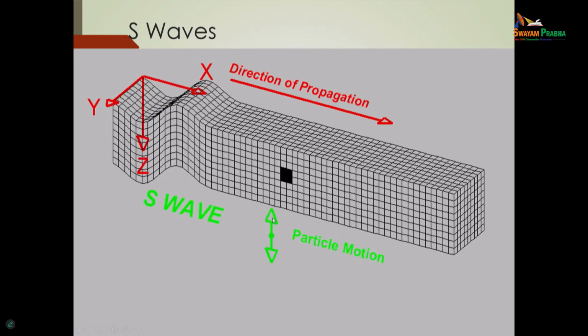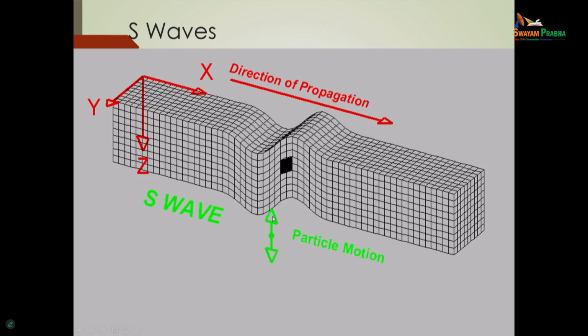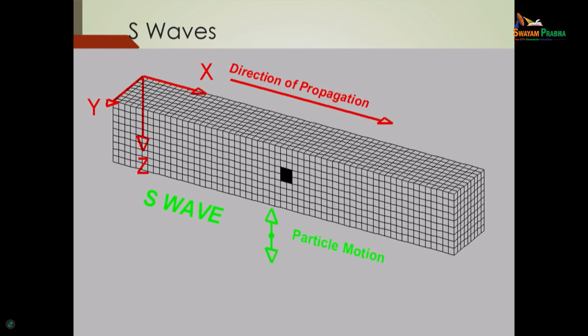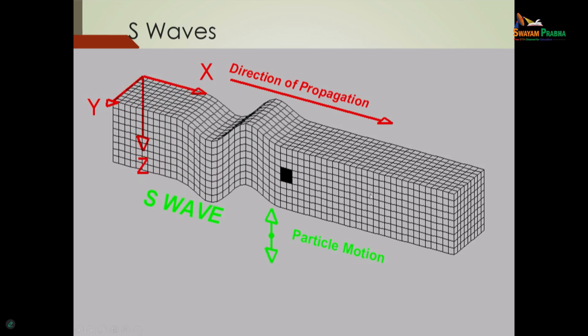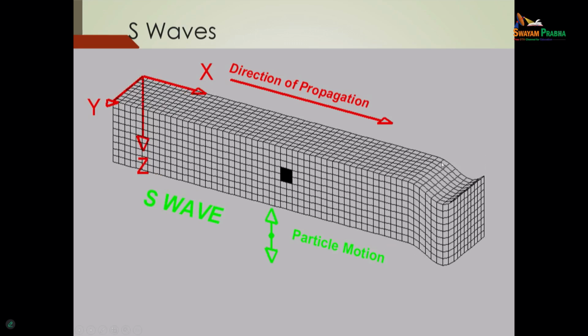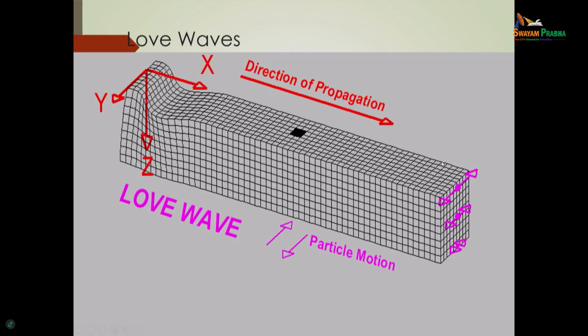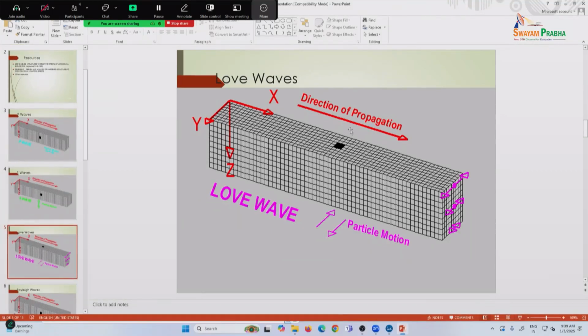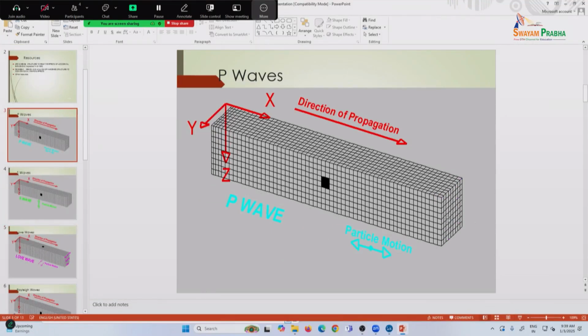So you see, one is in the ground, in the form of an S wave, just like a string. You apply force, and then it travels like a string. These are what are known as S waves, shear waves in some ways. Wait, no, I wanted to start with this one.